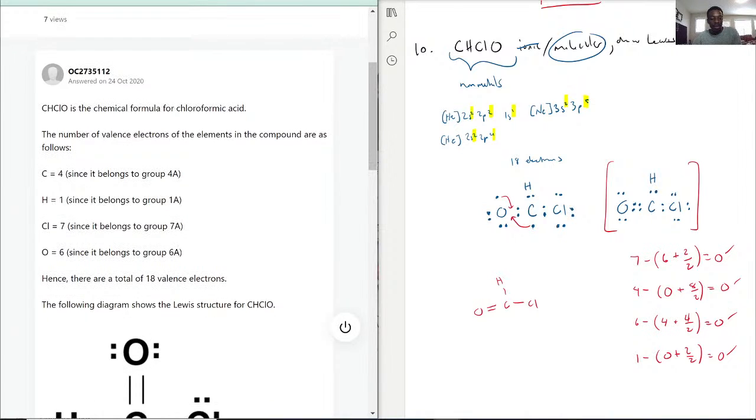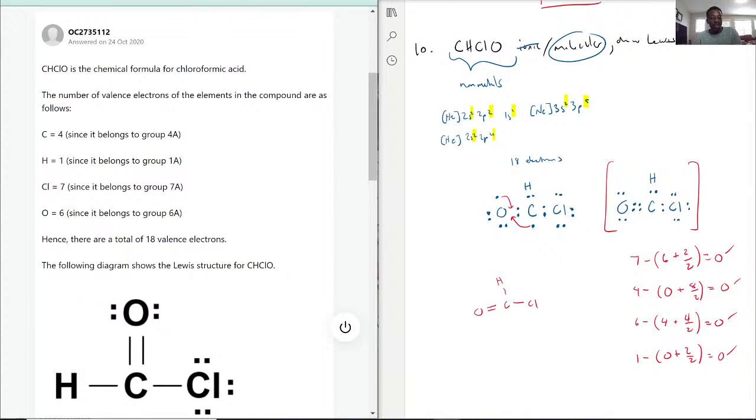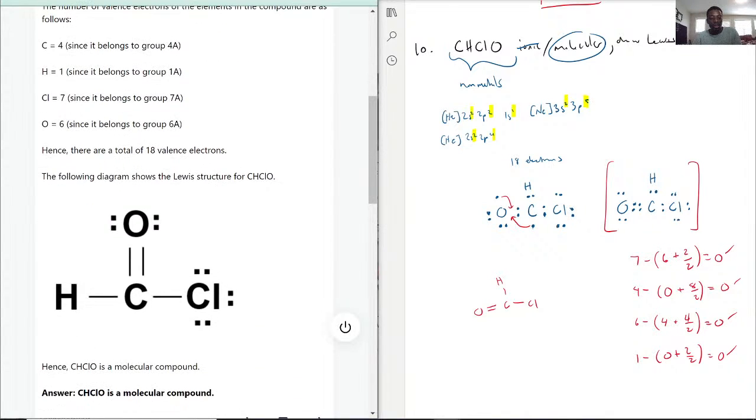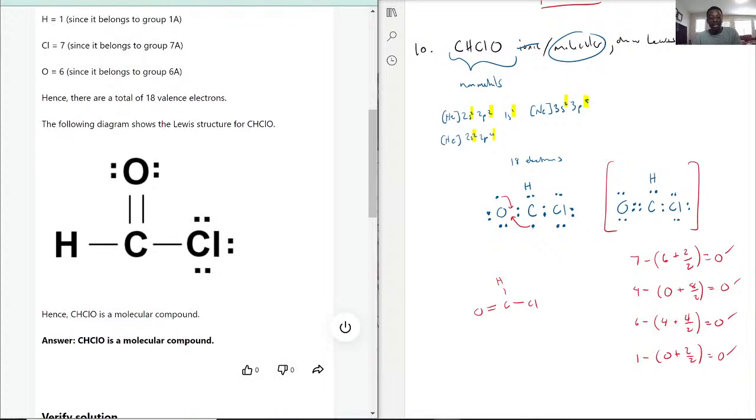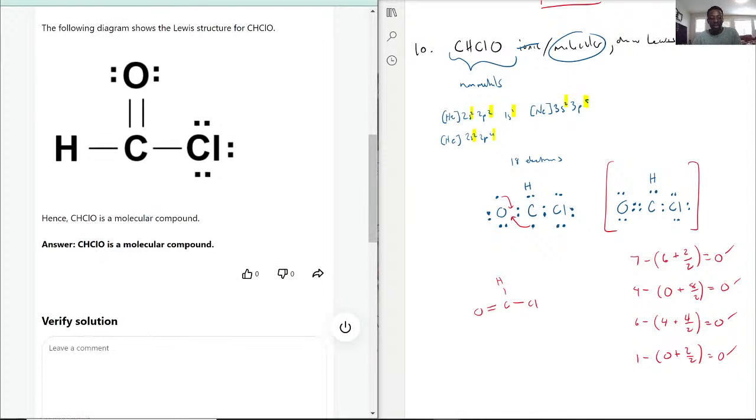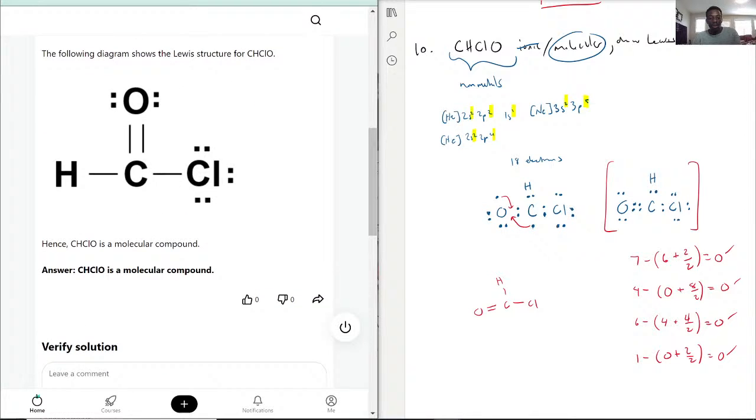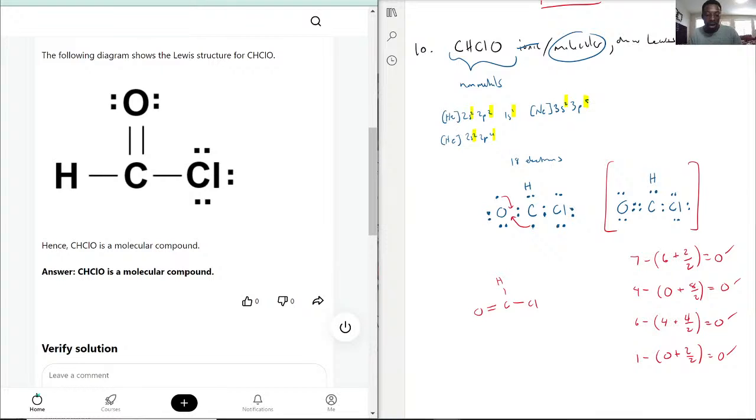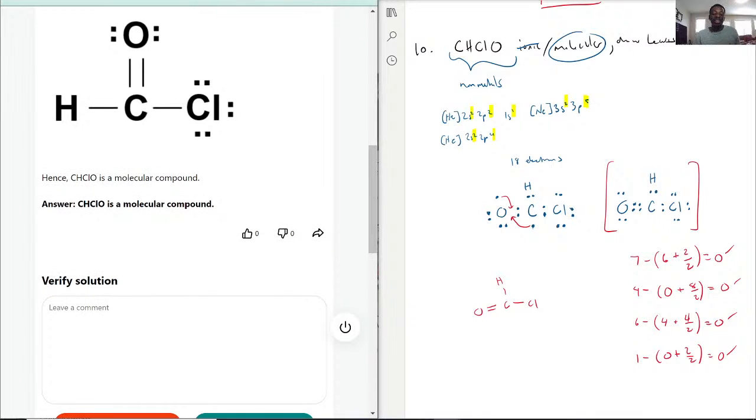So you see here 4, 1, 7, 6, 18 valence electrons, and this is what we get. A double bond where the oxygen is, single bonds for everyone else, and CHClO is a molecular compound because there are no metals there.